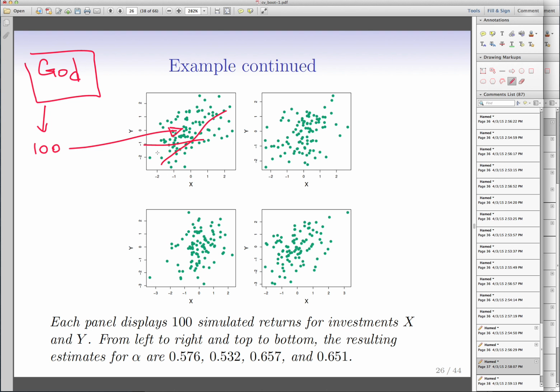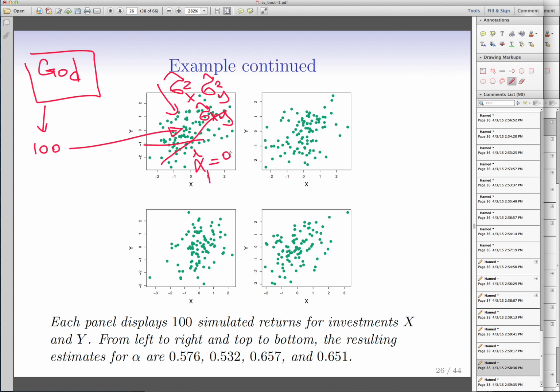Usually when x went down, y went down, and when x went up, y went up. So you just estimate sigma squared hat x, sigma squared hat y, and sigma hat xy from this, and you put them in the formula we had. You estimate alpha hat, and let me call it alpha hat 1, and you estimate it to be 0.576. You ask God to create another 100 observations for you, and this is this one.